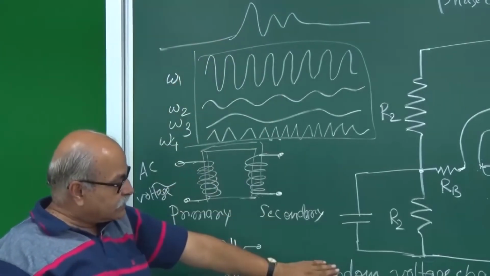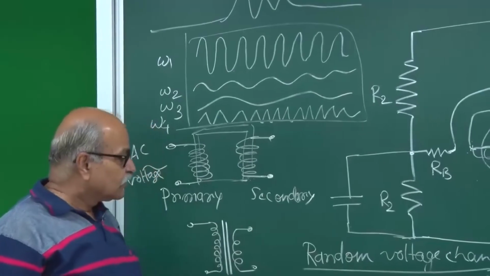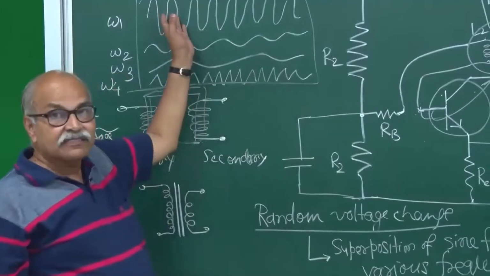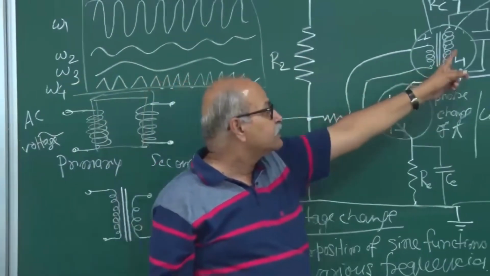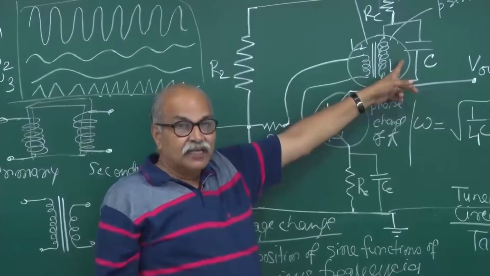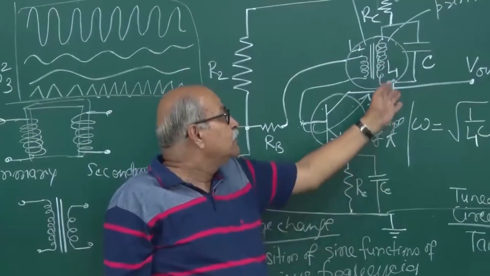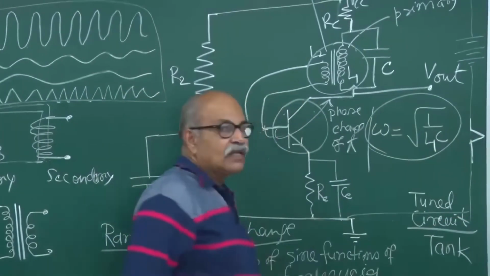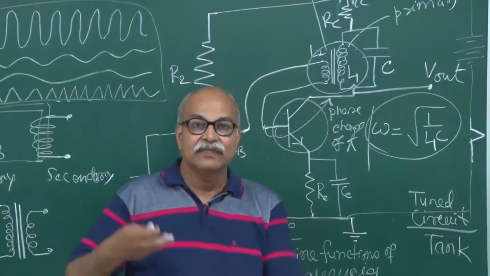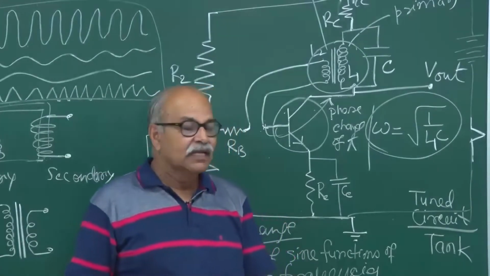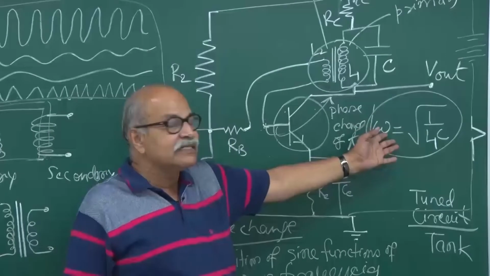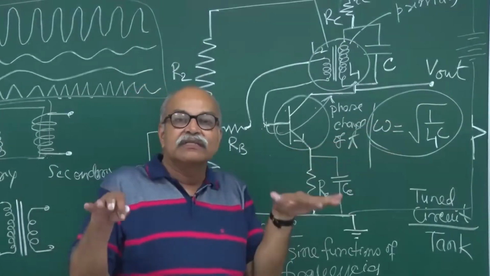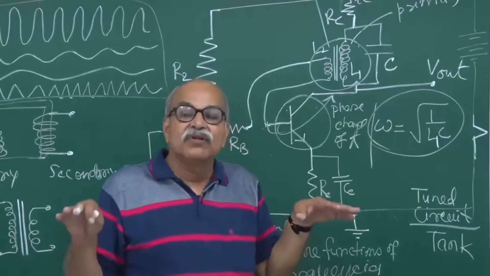So whatever it is, that random voltage change when you first switch on can be taken as a superposition of sine functions of various frequencies. But then this is a circuit where if the input going into it is at this frequency, it oscillates with larger amplitudes. If other frequencies come which are very different from this, those oscillations are of very small amplitudes.